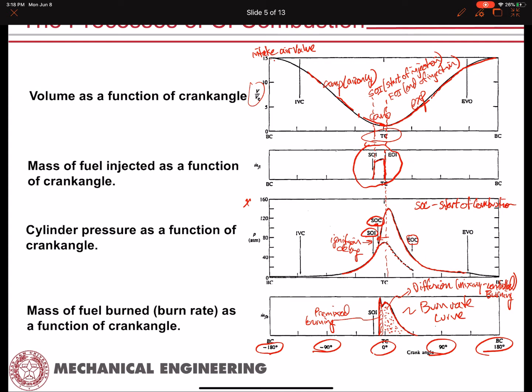In other words, premix burning is limited by the chemical reaction rate. Diffusion or mixing controlled burning is limited by the physical mixing rate. Those physical processes that we described early on are what limit your diffusion burning rate.